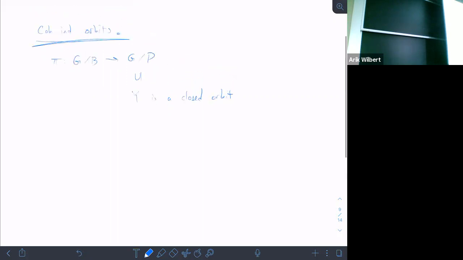Actually, let me start with the closed orbit down here. Y is a closed orbit. The cohomologically induced orbits are preimages.